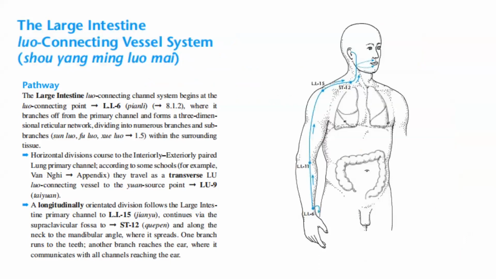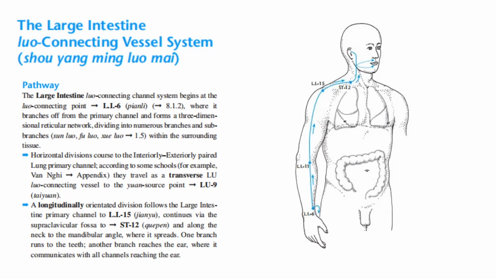So let us review the pathway, this time in more detail. The large intestine Luo-Connecting channel system begins at the Luo-Connecting point, LI6, where it branches off from the primary channel and forms a three-dimensional reticular network, dividing into numerous branches and sub-branches within the surrounding tissue.